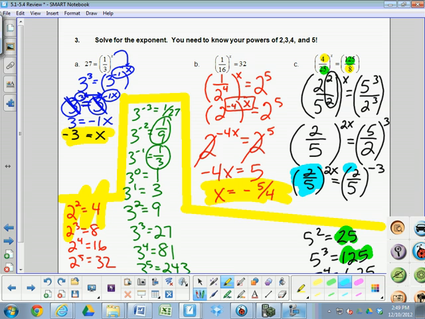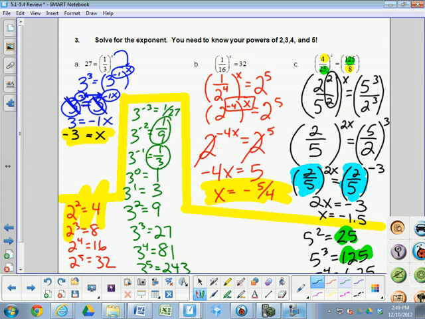This base is to the 2x. The same base is to the negative 3. So what's true about 2x and negative 3? They're equal. And if 2x equals negative 3, x must be negative 1.5. You divide both sides by 2, and you get negative 1.5.